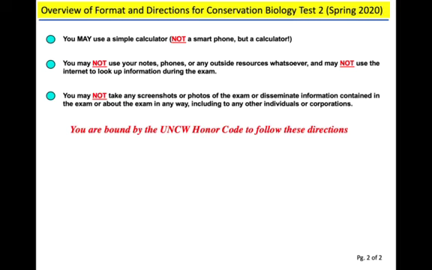Go in, do your best, take the exam, don't talk about it with other people, and leave it at that. And I just want to emphasize that you're bound by the UNCW Honor Code to follow these directions. Obviously I can't be sitting there watching exactly what you do, but you're bound by the UNCW Honor Code to follow these directions.